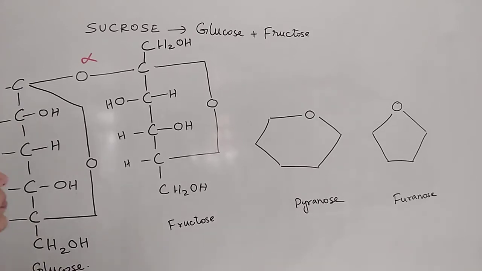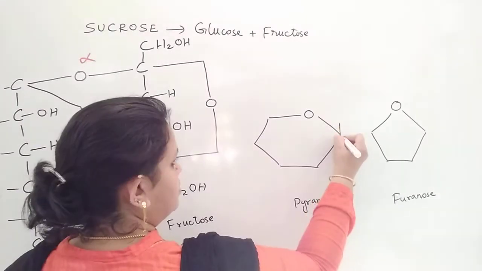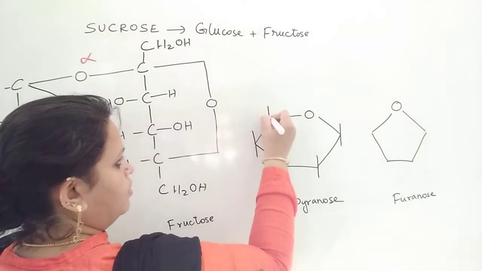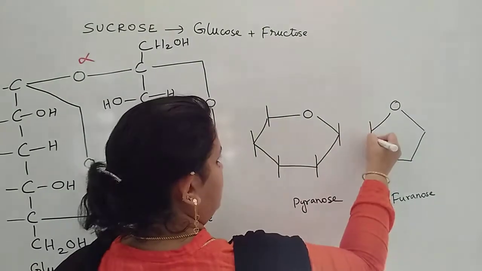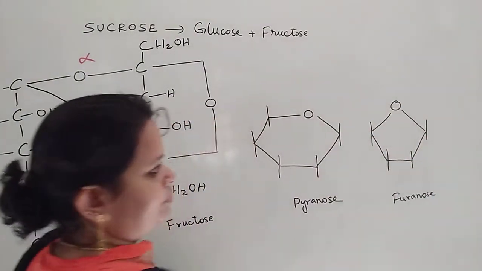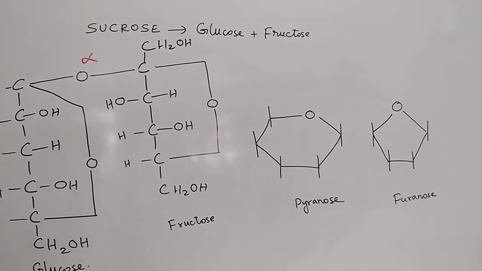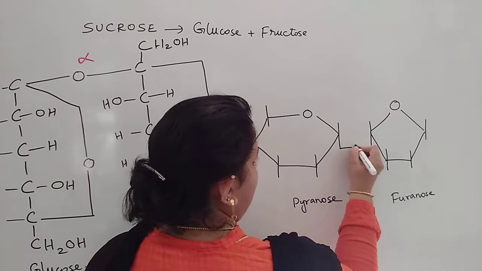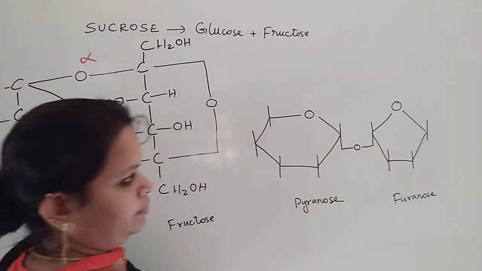So in this we can draw the bonds up and down. Here also you can draw the bonds up and down. Here it is an alpha glycosidic linkage, so we can draw like this.